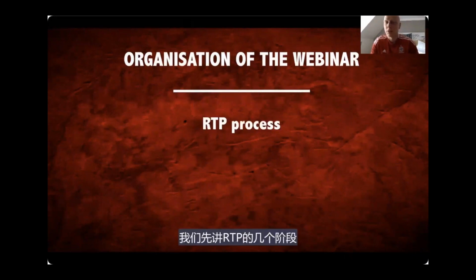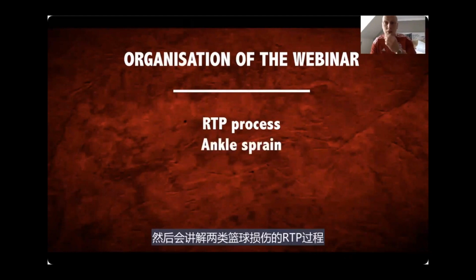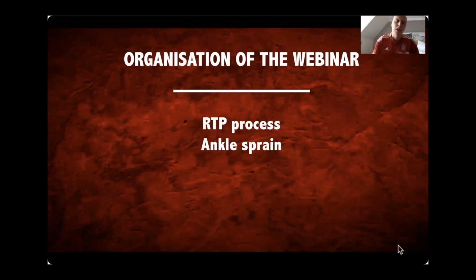We're going to talk a little bit about the RTP process, okay, what are the stages in a return to play. Then we're going to talk about two different injuries in order to give you practical examples on how we handle the return to play process in basketball.